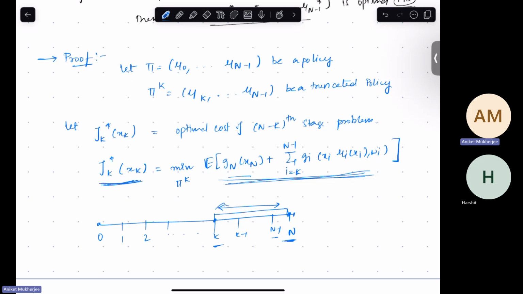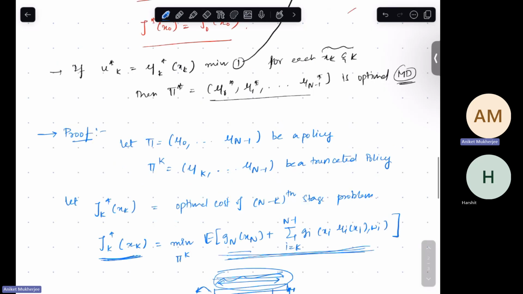Once you have this optimal cost, you keep this whole thing as J_k, and then you take one step here and see what is the optimal strategy in this one step, keeping in mind that this is your optimal cost. That is what you're doing here.